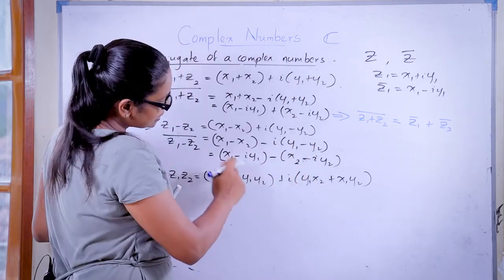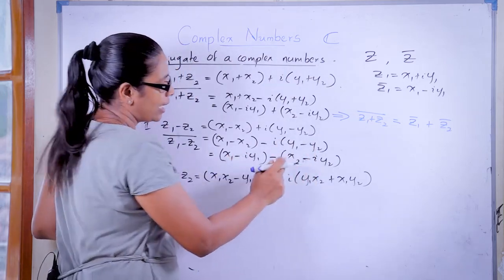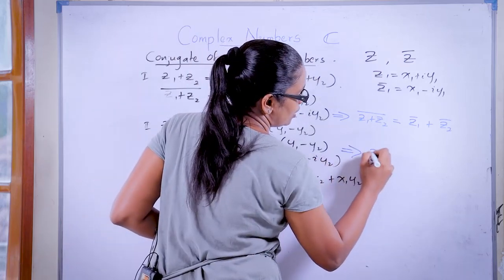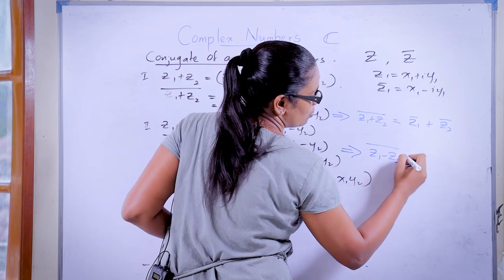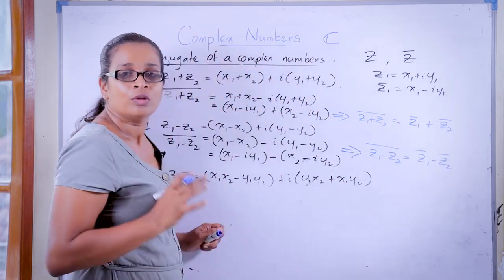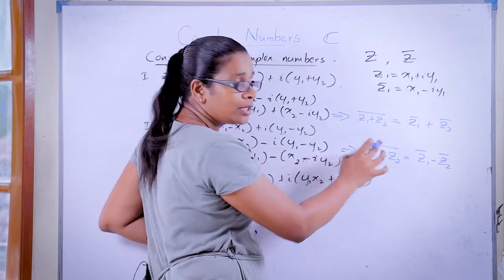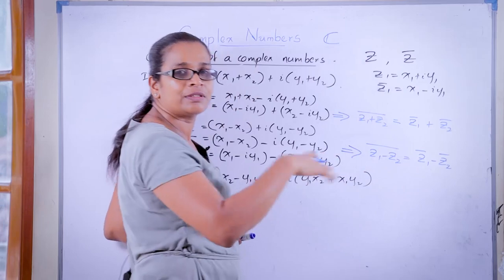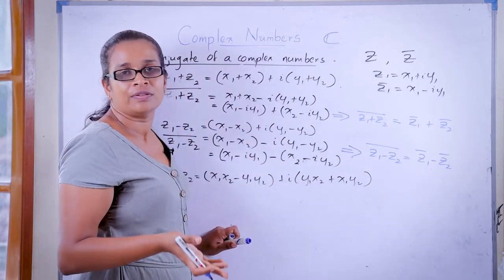Okay, now this one again is Z1 bar and this is Z2 bar. So the result you can write down: conjugate of (Z1 minus Z2) equals Z1 bar minus Z2 bar. So conjugate of the subtraction of complex numbers equals subtraction of the conjugates of the complex numbers.